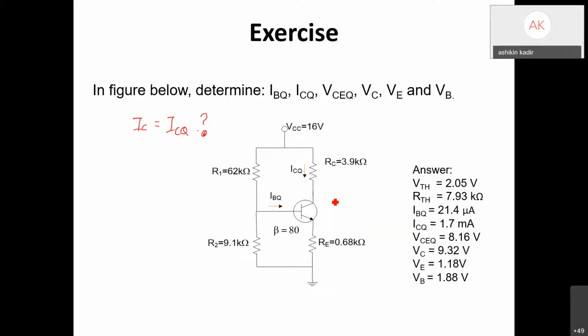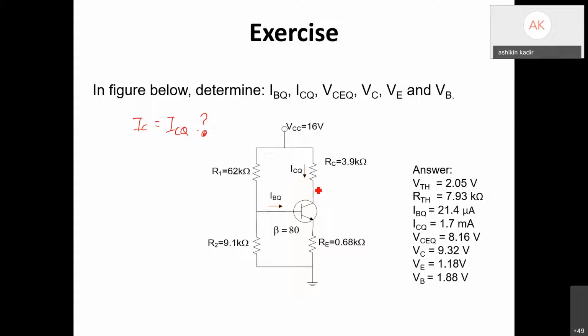And then how do you know whether the current that you determined is ICQ or not? Usually for the example, we must provide the ICQ to you, because in order to get a functioning circuit, we must determine the current that can give function to the circuit.